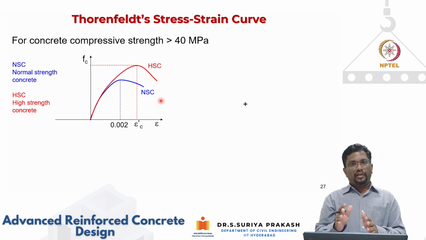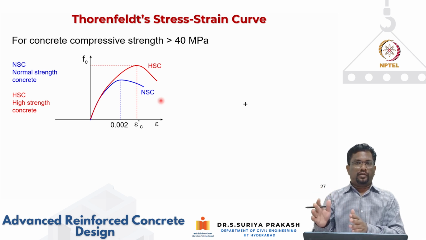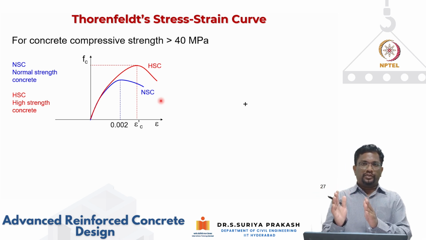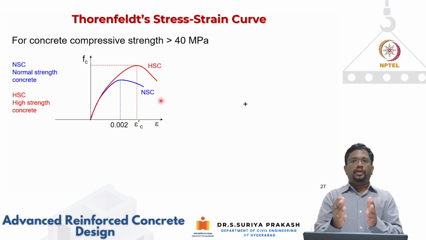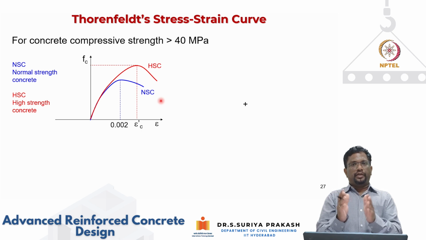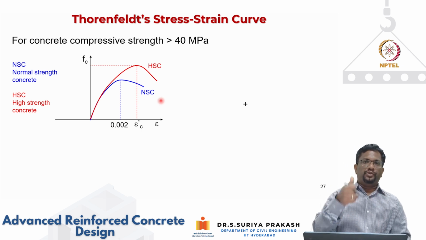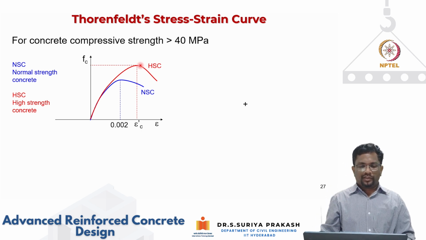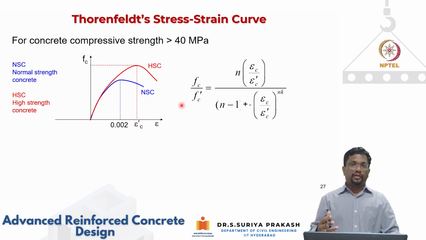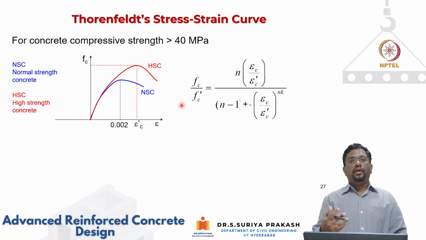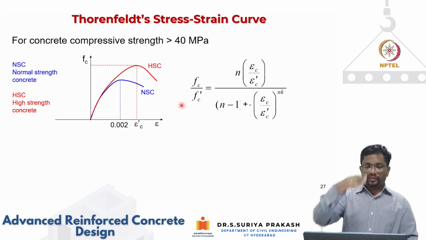The difference between epsilon Cu and epsilon prime C, or in other words, the post-peak ductility is going to keep reducing as you increase the strength of concrete. That is reflected by the steep drop in stress at strains higher than epsilon prime C. So this is the behavior. So this we have to take into account because this is not reflected in your Hognestad model, the steep drop.